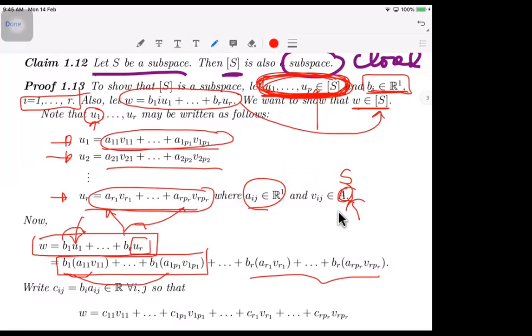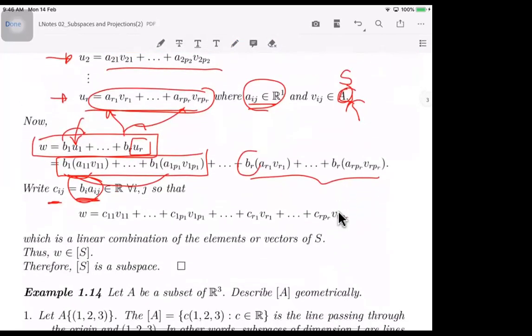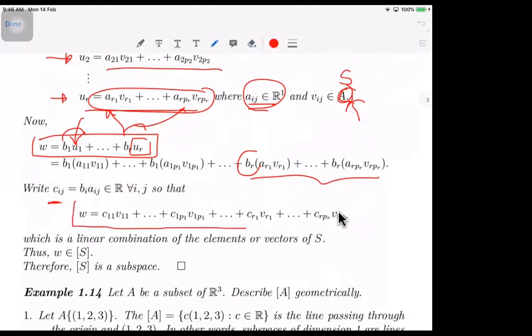And then, since a_ij is a scalar, and the b's are scalars, we can define c_ij, which is the product of b_i and a_ij, so that we can write the value in this form. Each component here, that is c11, and so on and so forth.